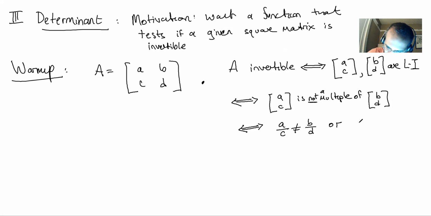Either A over C is not equal to B over D, or A and C are not both zero, the negation of A equals C equals zero.